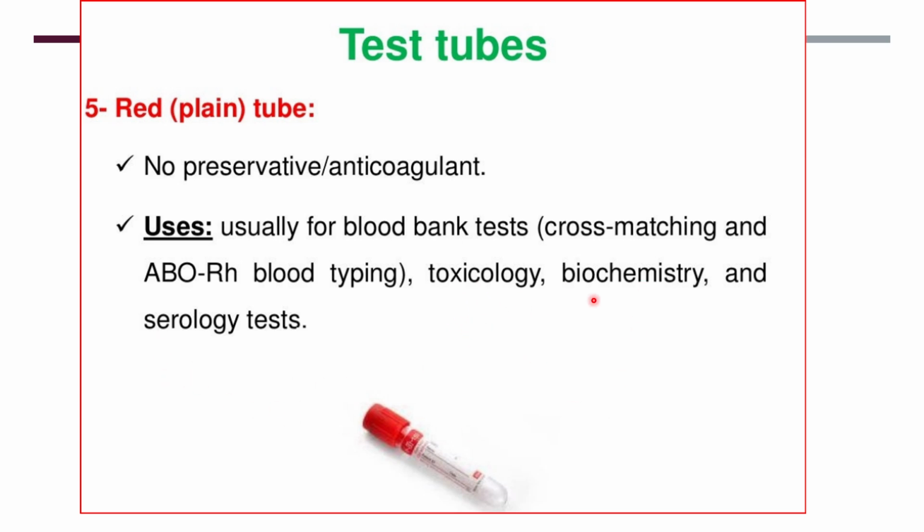So mostly in toxicology, biochemistry, and serology tests, whatever methods are already assigned require serum. So whenever we require serum, we must use the red vacutainer. Whenever we require plasma, then we need to use an anticoagulant designed for a specific test.